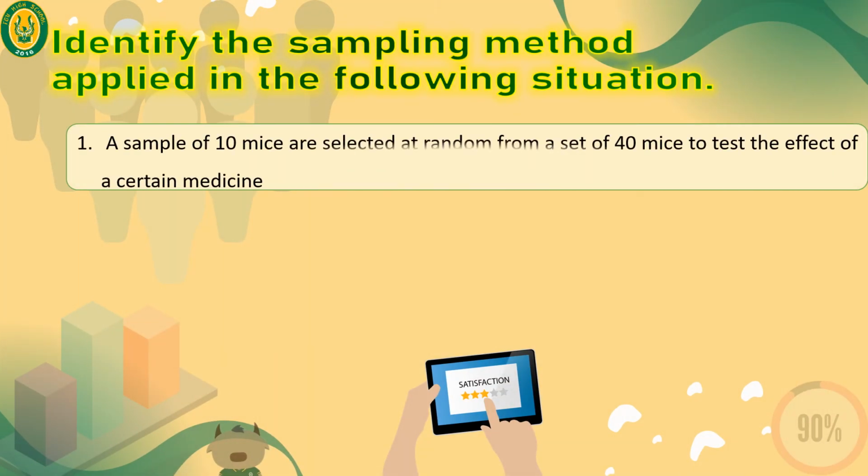So let's identify the sampling method applied in the following situations. Say a sample of 10 mice are selected at random from a set of 40 mice to test the effect of a certain medicine. So, for example, you have this large container with 40 mice. You will try to randomly select 10 mice. So it's like drawing an object, or a mouse, from the set or the box.